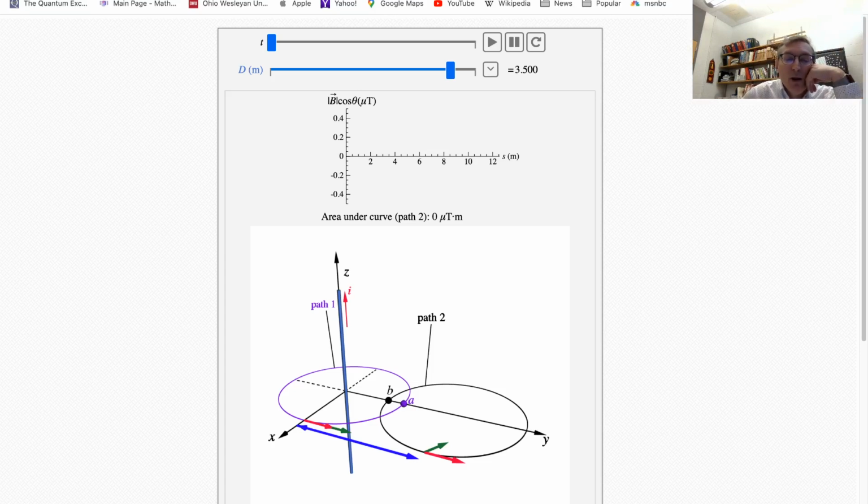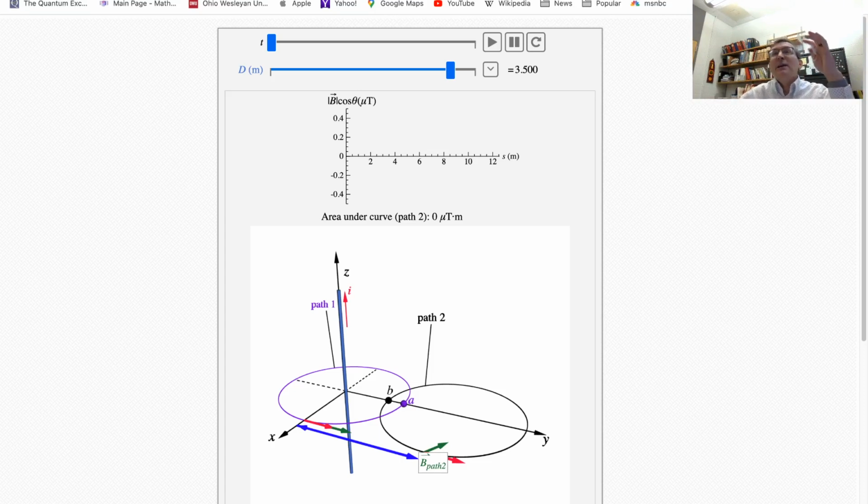So if I look at path 1 at that one location there, the red arrow is the ds at that one point, and the B is in the same direction. Because we know already that the magnetic field produced by a long straight wire circulates around the center of that wire. Look at path 2. Here's the same corresponding ds tangent to the wire, but there's the actual B at that location.